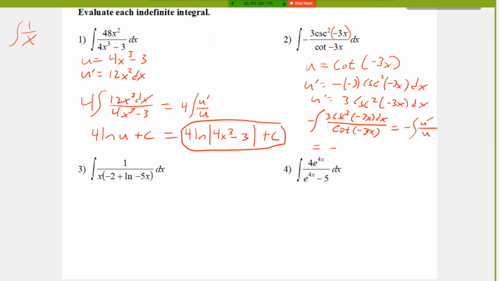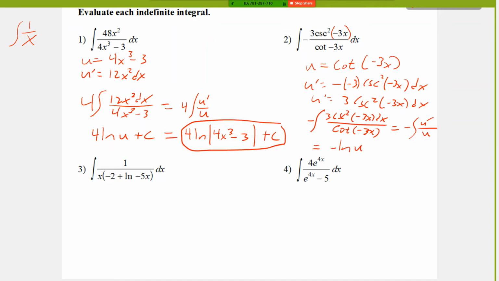What do I have to derive in order to get 1 over x? ln. Okay, ln x. I heard it from Niall and Kyle. If I derive natural log x, I get 1 over x. So what would I have to derive in order to get 1 over u? ln u. Okay, and then with chain rule, I'd have to multiply by u prime.